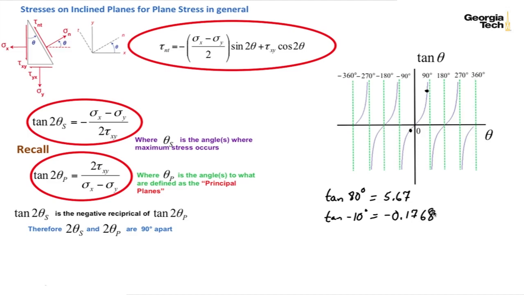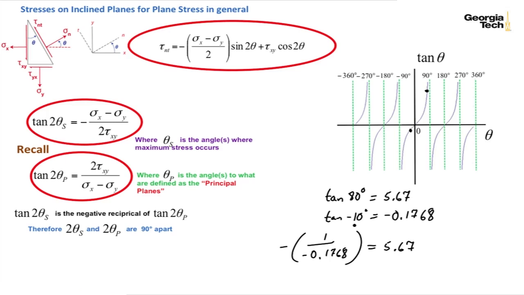So if I take the negative reciprocal of one of these, so let's take 1 over 0.1768, we'll take the negative reciprocal of that, and what we find is that's equal to 5.67. And you'll see that these angles are 90 degrees apart. That occurs over and over again with the tangent function.